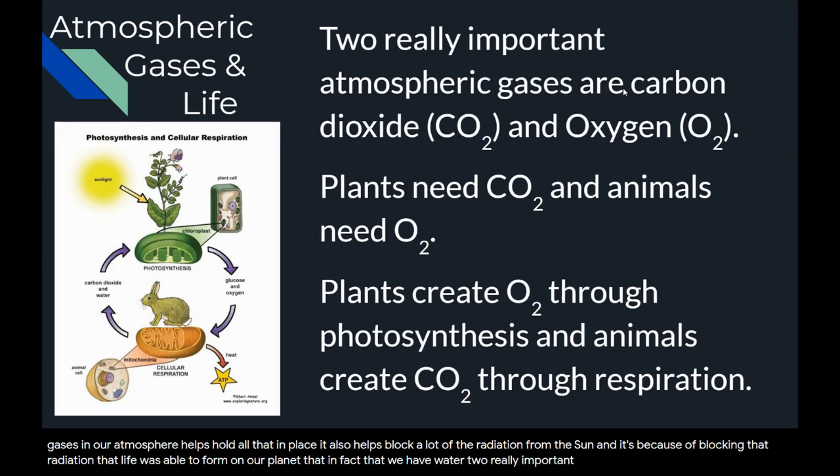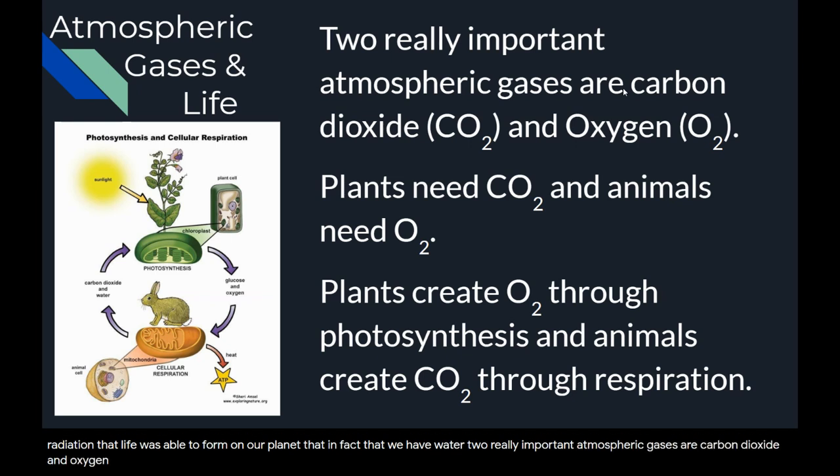Two really important atmospheric gases are carbon dioxide and oxygen. By now, you should know about photosynthesis and that cycle. Plants, we all know, need carbon dioxide. Animals need oxygen. Carbon dioxide, CO2, oxygen, O2.